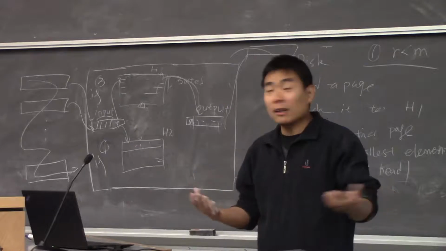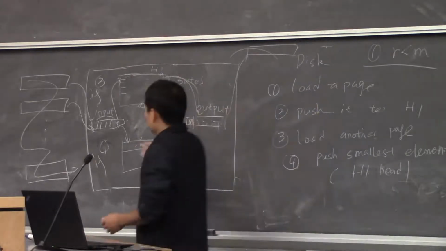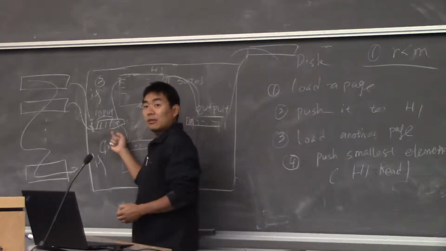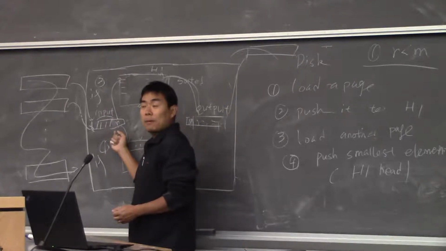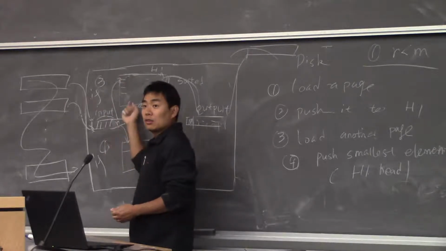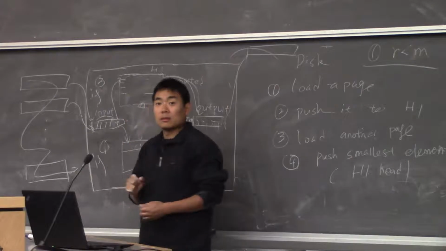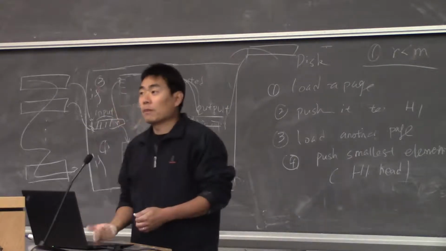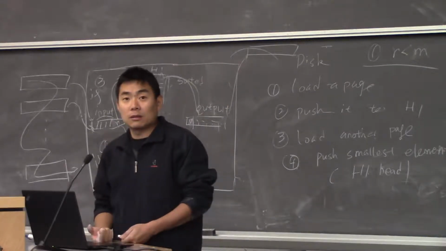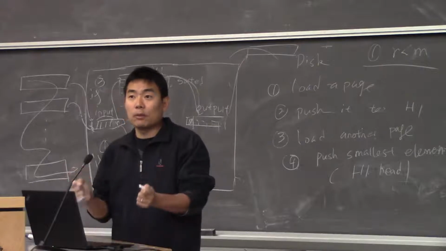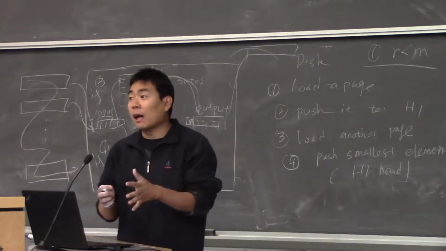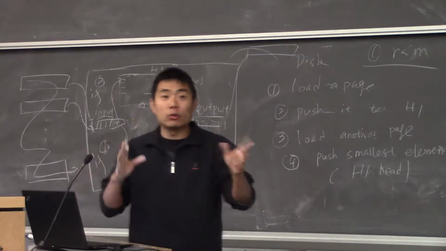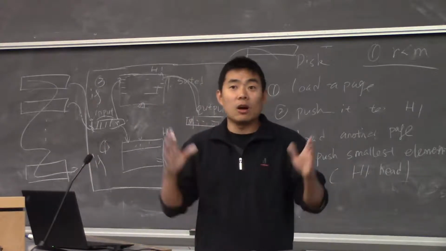Why is there no more supply? Because the next record happened to be smaller than the last element you pushed out from H1. So you run out of bullets in H1 and there is no more supply. That's when you have to do what? You call it a round.